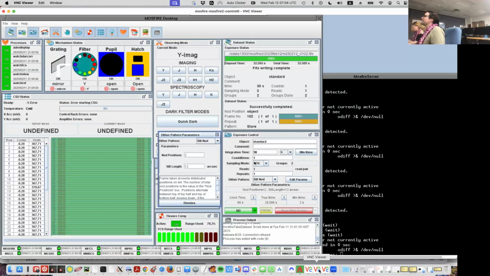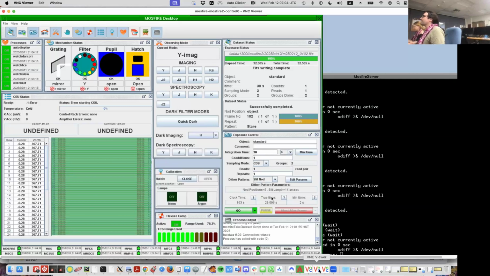But just to be safe, I'm going to say it's a slit length of 15 arc seconds. And then we're going to take 5 positions. Actually, just to be safe, I'm feeling better if we take 12. And we'll do 14. Okay, so we have 5 nod positions along a slit length of 14 arc seconds.